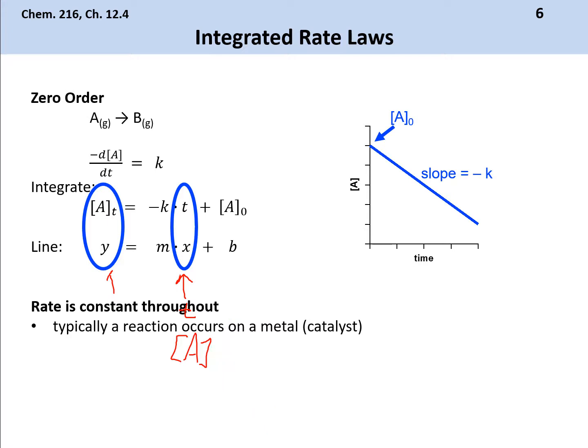Notice I have concentration versus time. My b, that's my y-intercept, is going to be my initial concentration, and my slope is going to be equal to negative k. This is m.